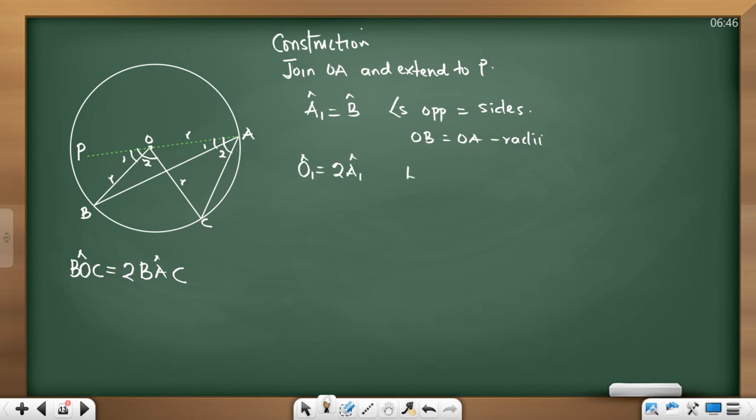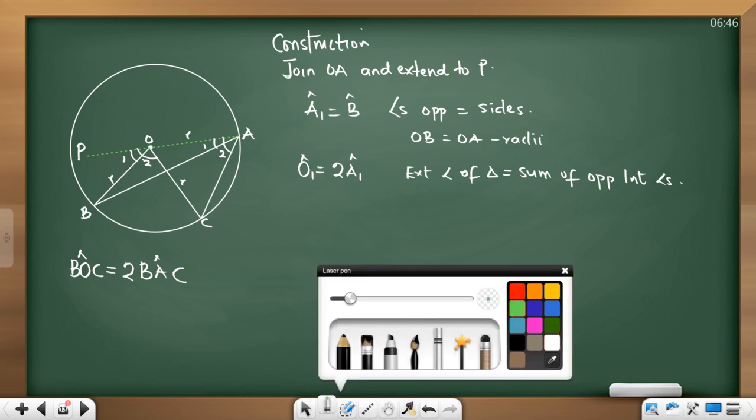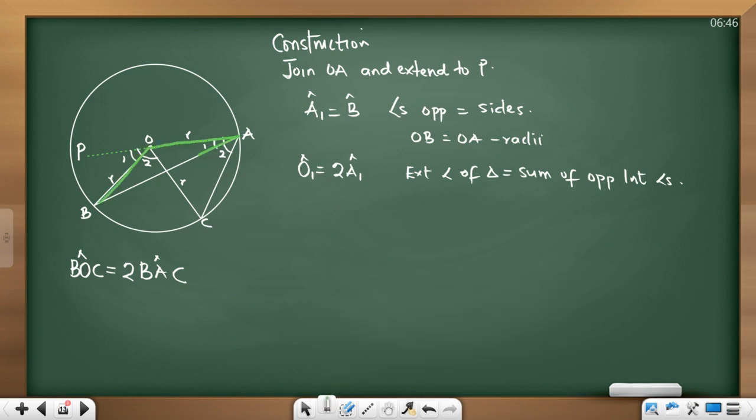Again, what's the reason? The exterior angle of a triangle is equal to the sum of the opposite interior angles. Remember, we said the line must be a straight line before we can talk about exterior. So that's the exterior angle.